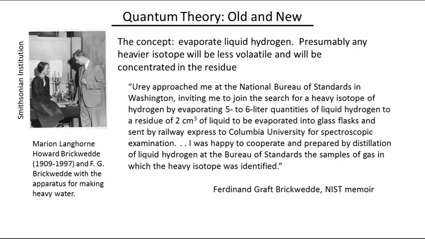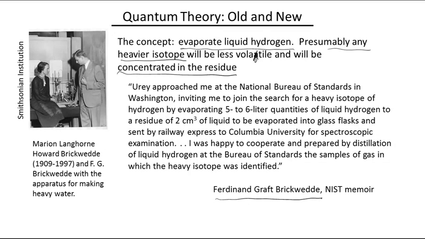He had the idea of taking large quantities of liquid hydrogen, cryogenic fluid, evaporating the liquid, in which, in the process of evaporation, presumably the lighter isotope will evaporate more rapidly, and so the heavier isotope will be concentrated in the residue.